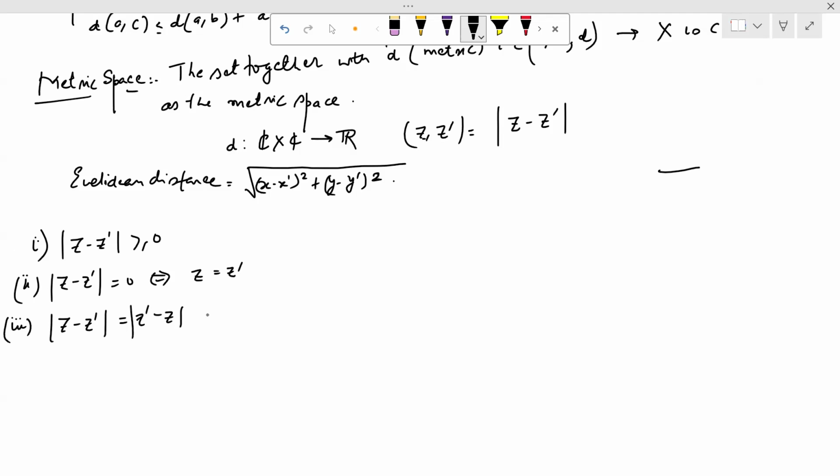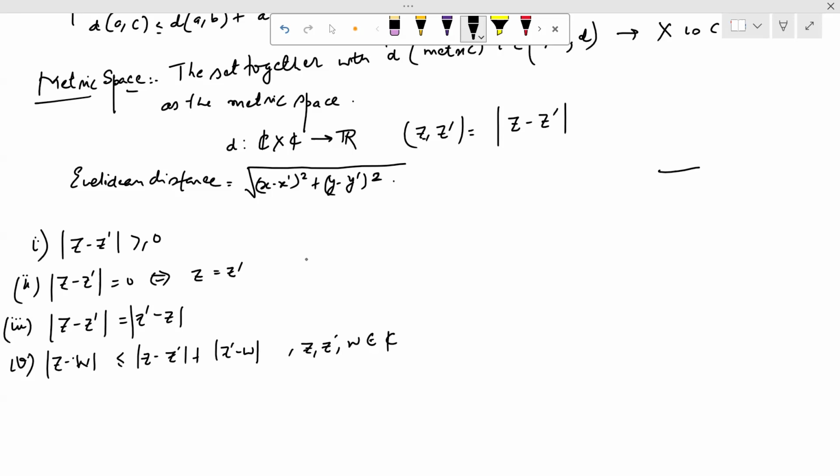And the triangle inequality we have already discussed in the set of complex numbers: modulus of z minus w is always less than or equal to modulus of z minus z dash plus modulus of z dash minus w, the transitivity. This is also intact, where z, z dash, and w all belong to the set of complex numbers.